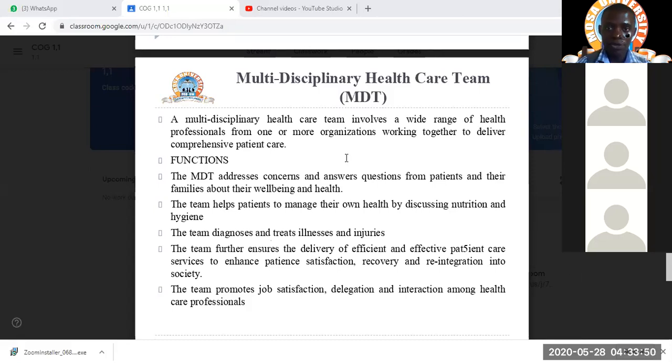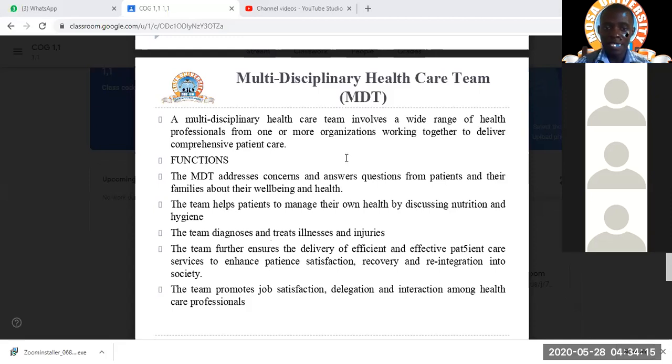So, the functions of a multidisciplinary healthcare team. The first one says the team addresses concerns and answers questions from patients and their families about their well-being and about their health. This team helps patients to manage their own health by discussing nutrition and hygiene.